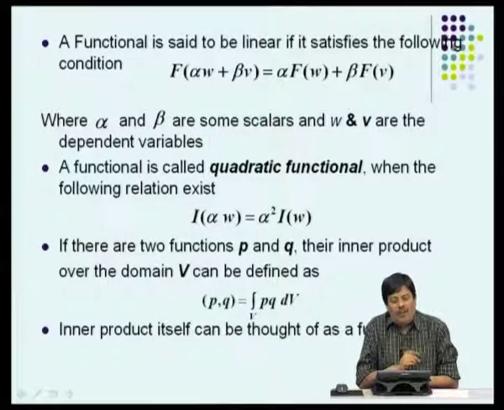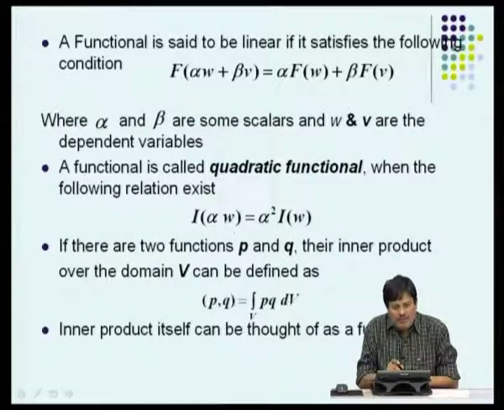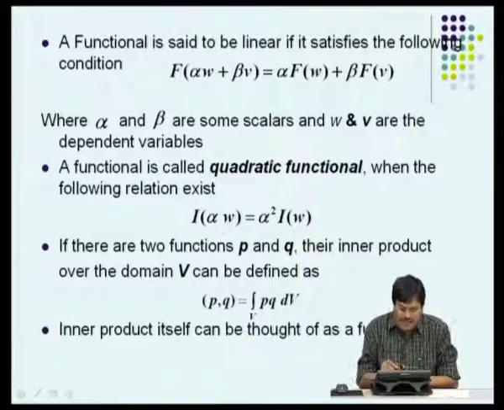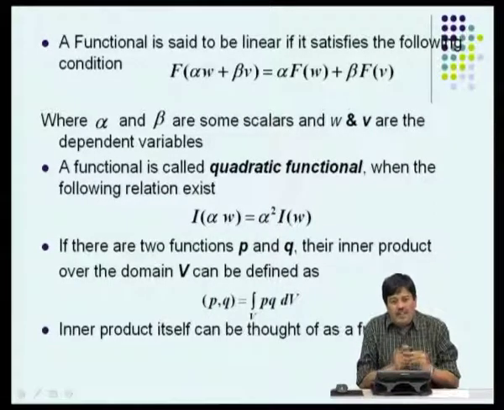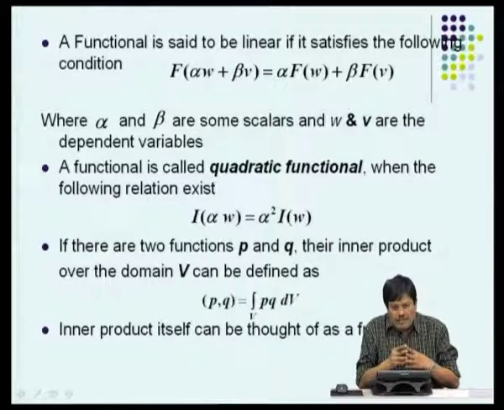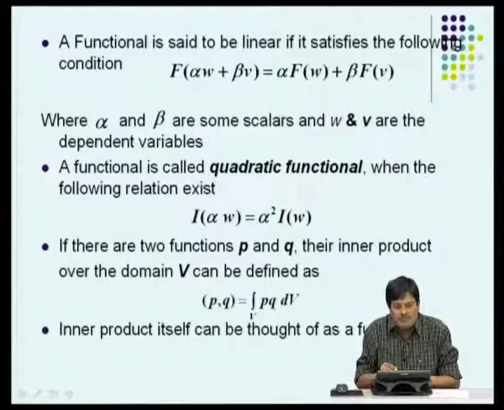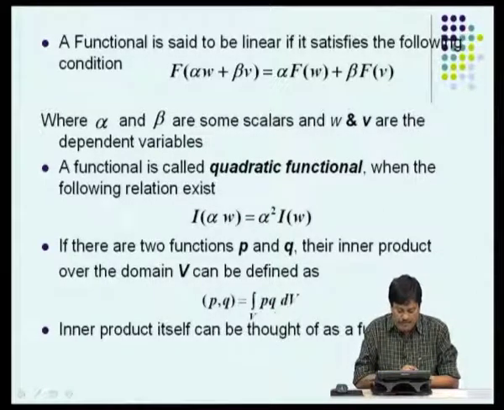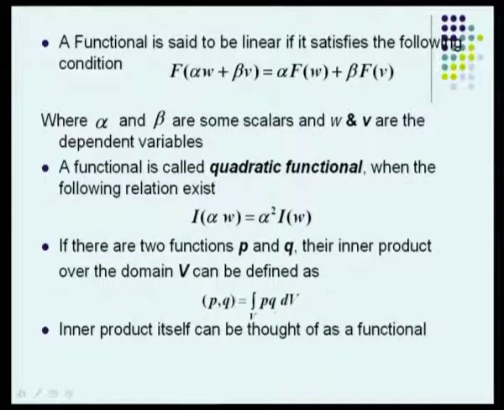A functional is called a quadratic functional when the functional of alpha into w, where w is the dependent variable and alpha is some constant, can be written as alpha square into I of w. One of the key things we need in functional analysis is how we define an inner product of two functions p and q over the domain V. The inner product is nothing but the integral of p times q dV integrated over the domain. In fact, the inner product itself can be thought of as a functional.